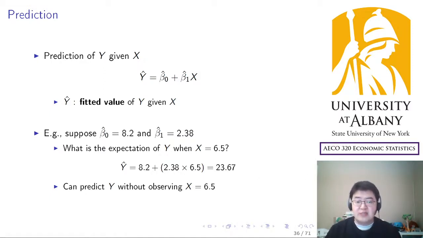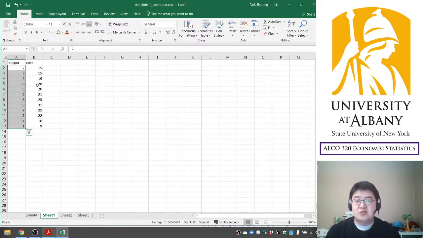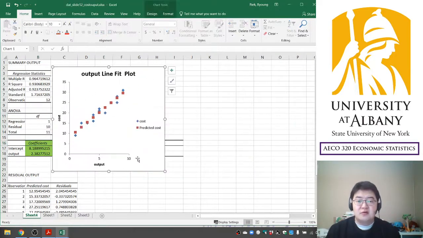What's good about this is that it is particularly useful because X equals 6.5 is not observed in our data. Let me go back. In our observations, there is no output equal to 6.5. You have never produced that much, but still you can predict. It's a kind of interpolation.